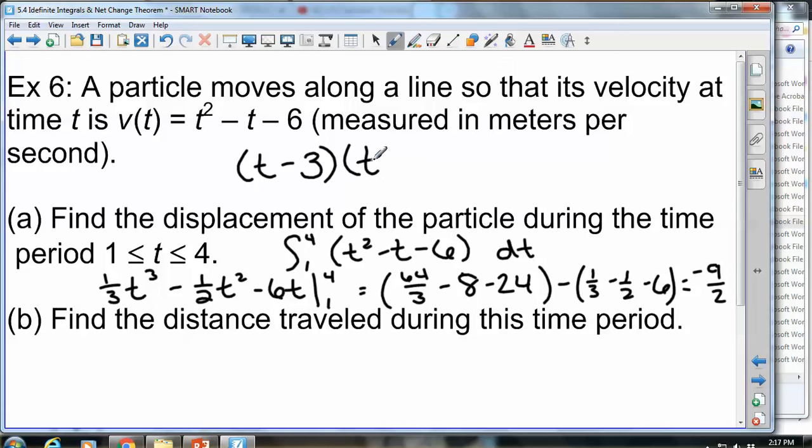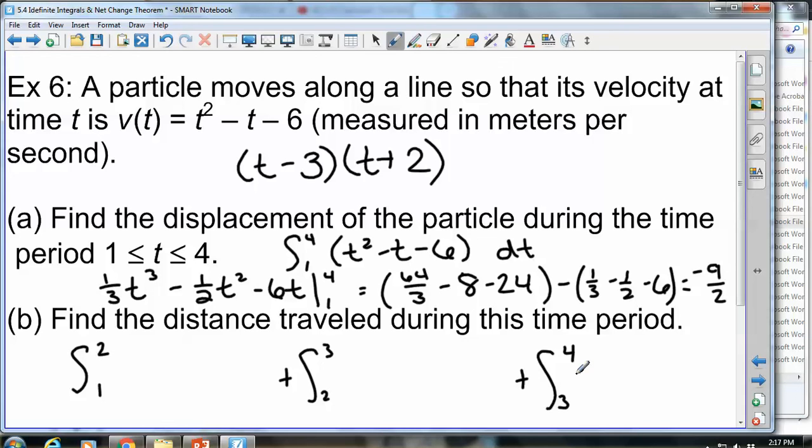Multiply -6, add -1 would be a -3, and a +2. So that means I have to integrate. We're starting at 1. I'll need to stop at 2. Then we'll have to go between 2 and 3. And then from 3 to 4.